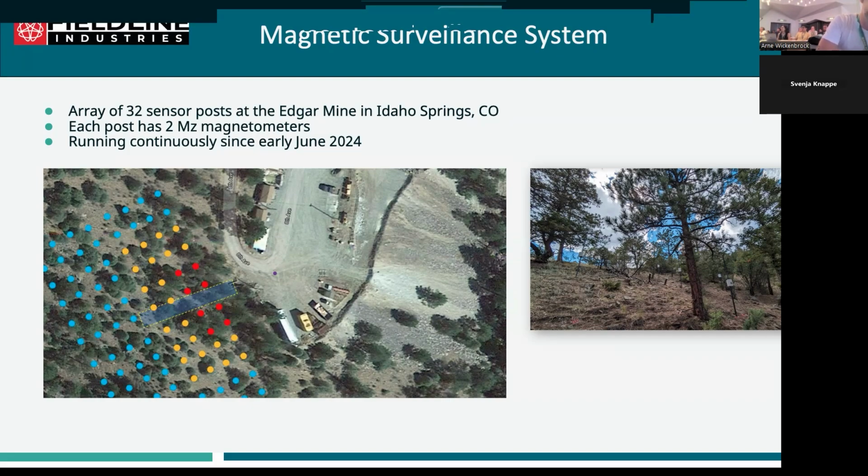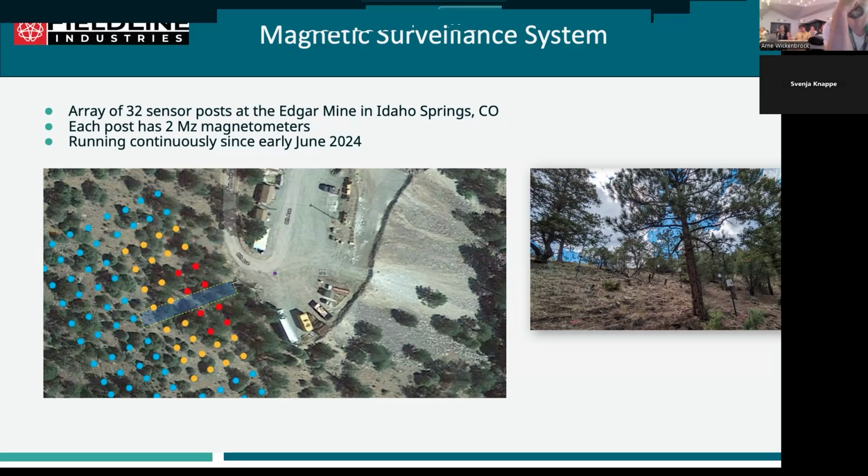We have lots of mines because originally in Colorado they looked for gold. So there are holes and tunnels everywhere. This is an educational mine from the university in Golden. And so they let us put that magnetometer somewhere on their property. And so this has been running continuously for just over a year now.